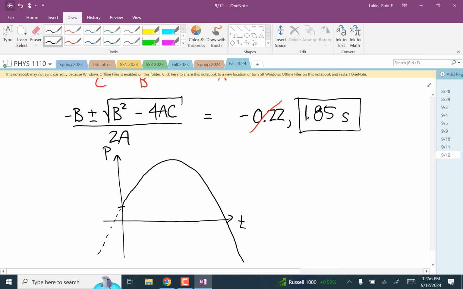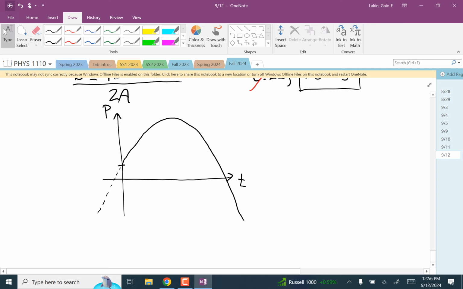But the math doesn't know that this object hits the ground eventually, and it doesn't know that at some point it was launched. This should be symmetrical looking, by the way. It sort of looks a little tilted, but that's just the best I can draw it. According to the math, this whole thing that goes on infinitely far in the negative and positive direction is all valid stuff.